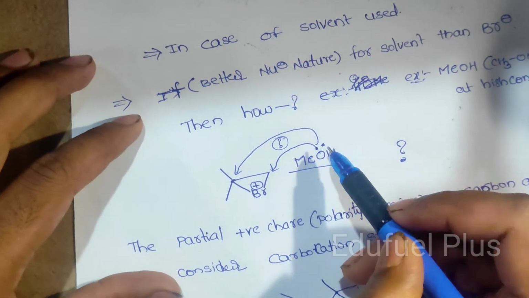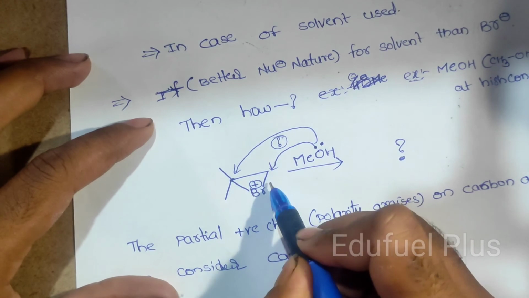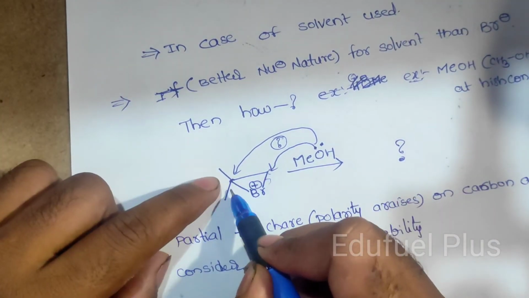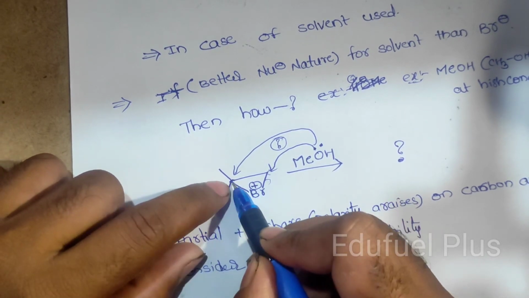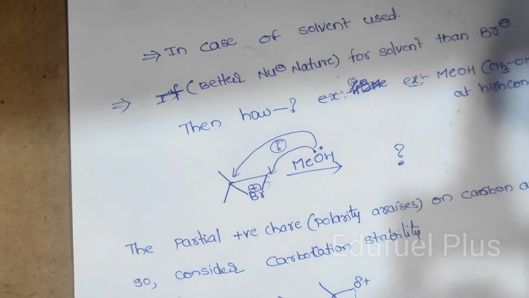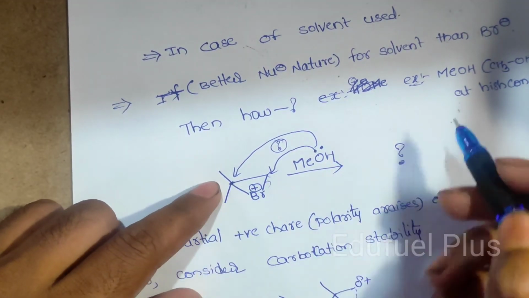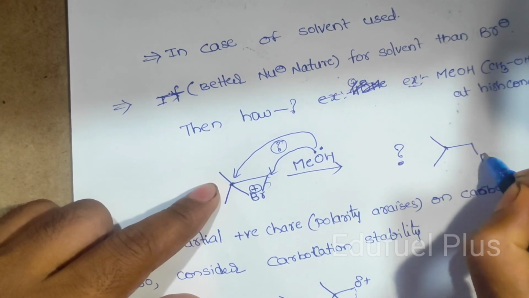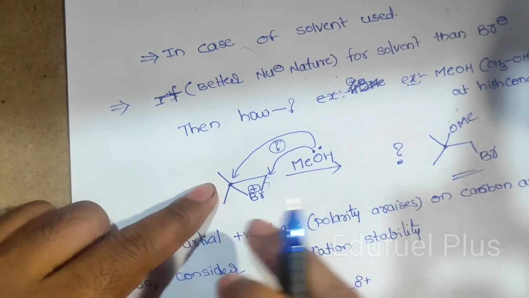As explained above, we have to look at the carbocation stability. If this bond breaks, here we have a primary carbon, and if it breaks at this position, we have a tertiary carbocation. A tertiary carbocation is relatively more stable than a primary carbocation. So bond breakage takes place at this position, and the final product is like this.